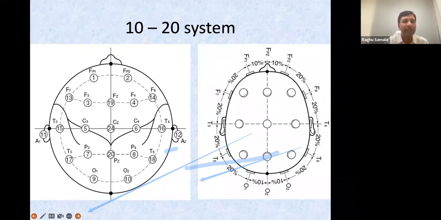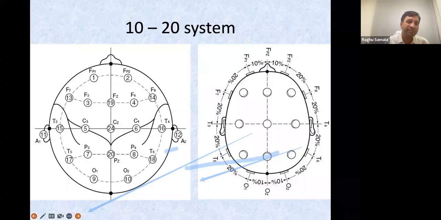So how many electrodes do you have on the frontal side? FP1 and FP2 are the frontal poles, and in the midline you have 3 electrodes: FZ, CZ, and PZ. If you concentrate on the left side, you have FP1 at the frontal pole, F3 frontal, and C3 central.